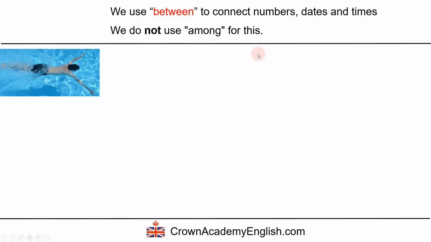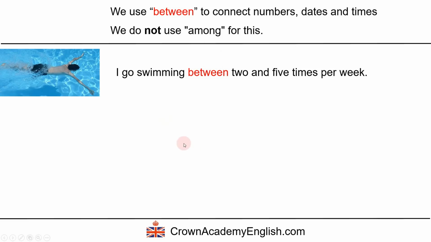Okay? Example. I go swimming between 2 and 5 times per week. For example, sometimes I go 3 times per week. So it's a number between 2 and 5.